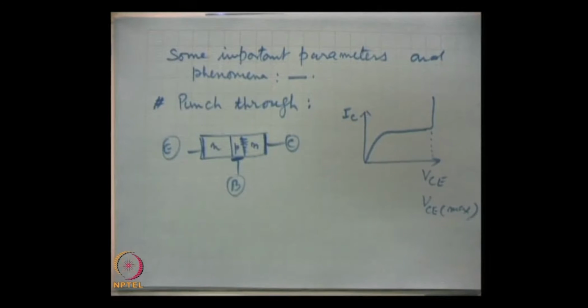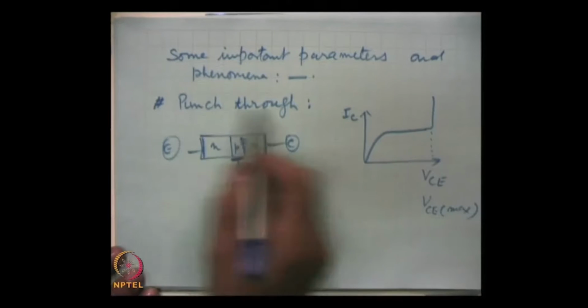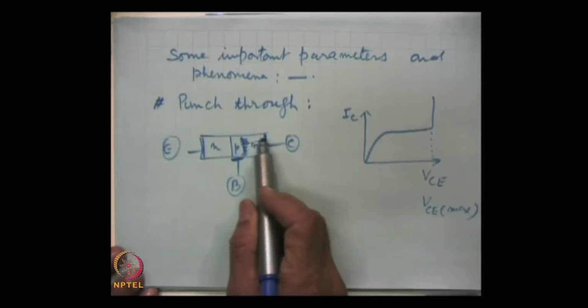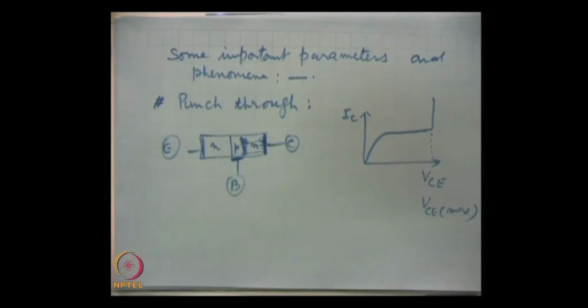This is provided by the manufacturer. So, this is called punch through. That means the depletion region is almost touching the collector electrode, and the transistor action ceases. Transistor action, which is fundamental for the transistor, continues as long as we have the three regions: the emitter region, the base region and the collector region.